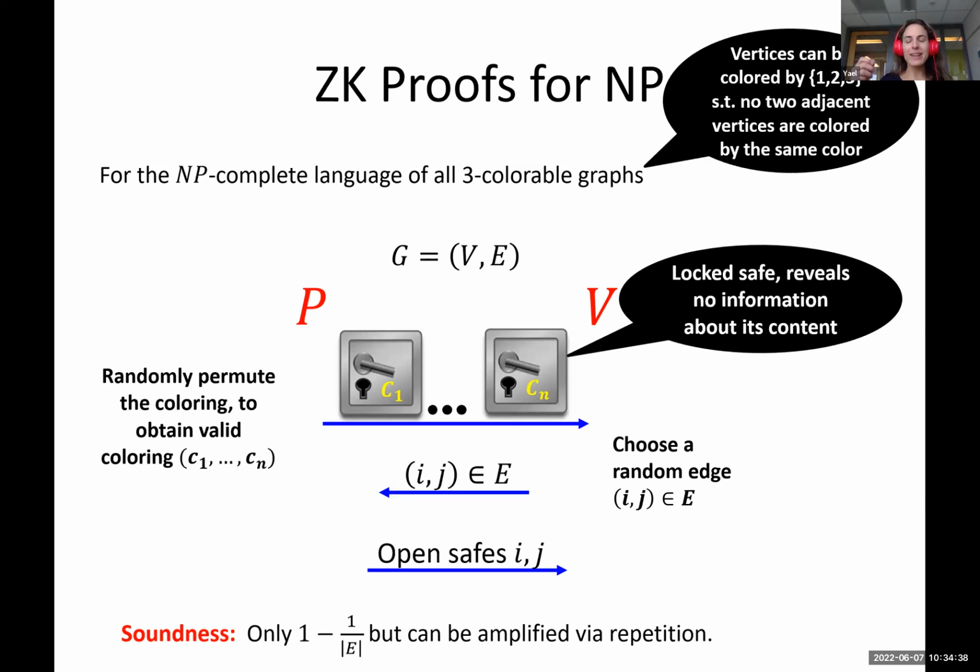So by repetition, exactly like we did with the pencils, we'll repeat this protocol many times, much more than E times, like K times the number of edges, and each and every time I succeed, now you're convinced with very high probability. So the actual protocol is to repeat this many times and always accept. And that's how the soundness probability goes down.